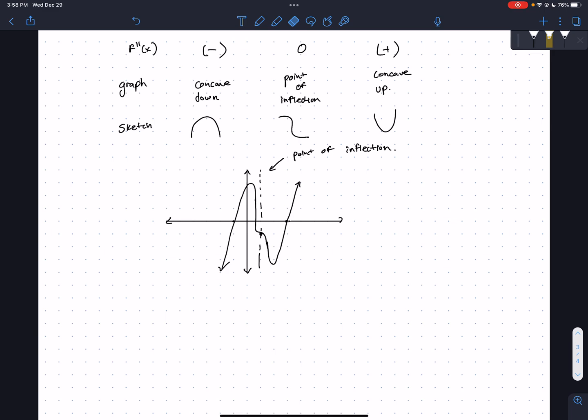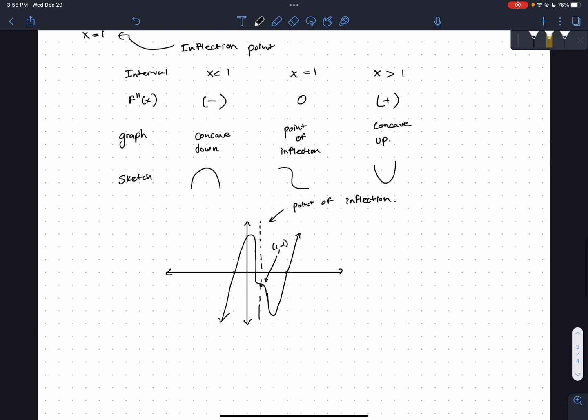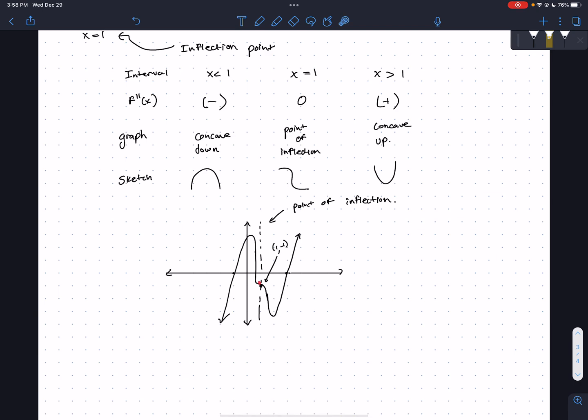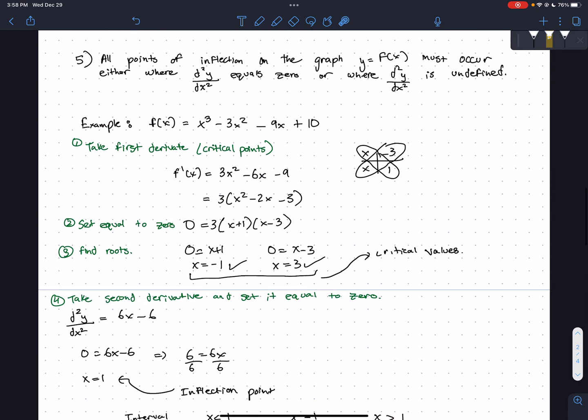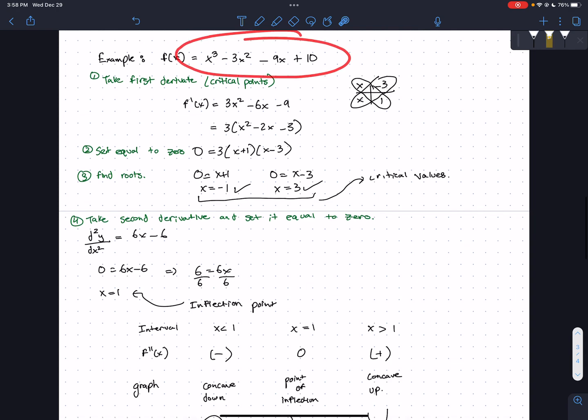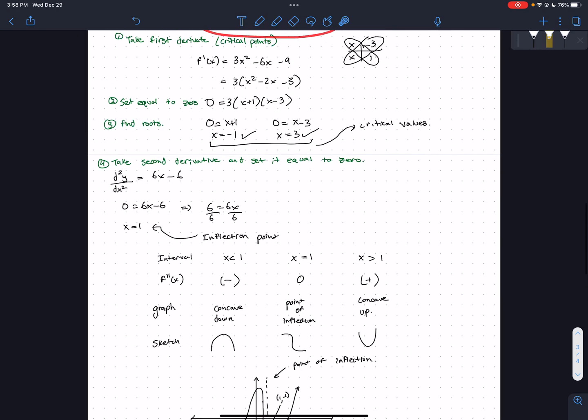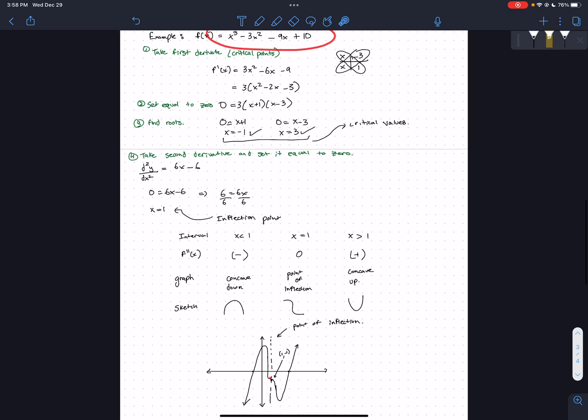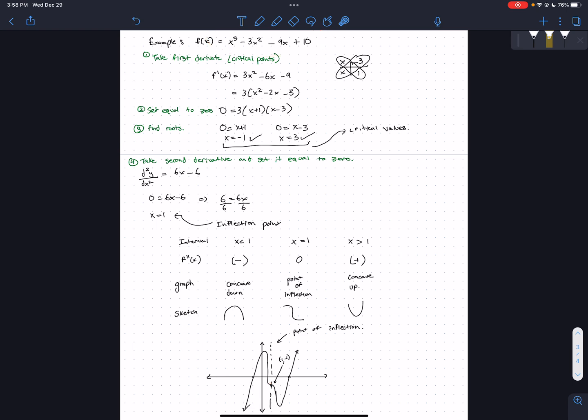Yeah, I did. So it should be something like that. It should be at -1, right? The point of inflection is at (1, -1), because all I did was sub 1 into the original function. Okay? And that's about it. That's essentially how you would do curve sketching at that point.